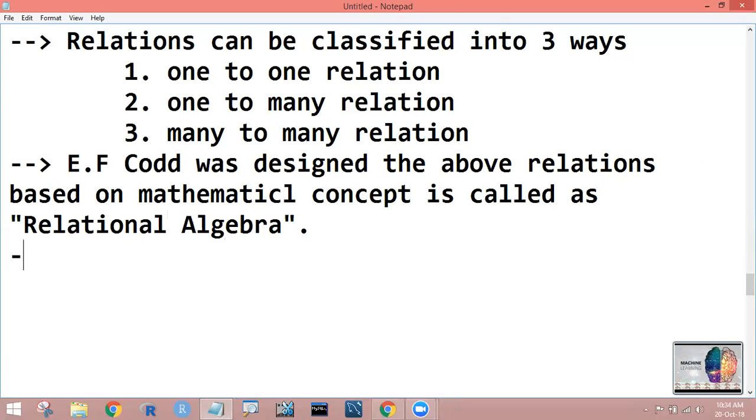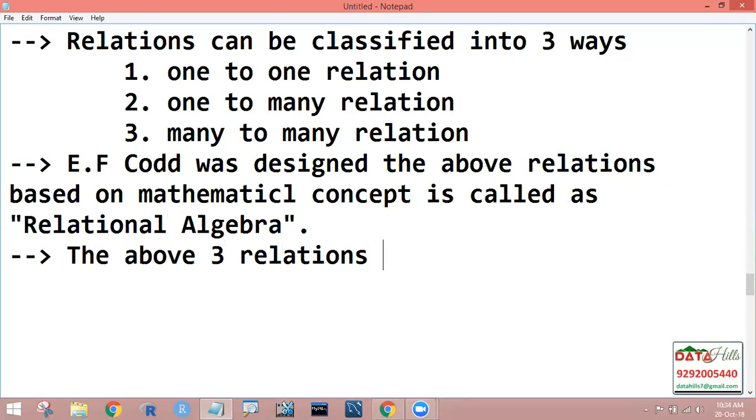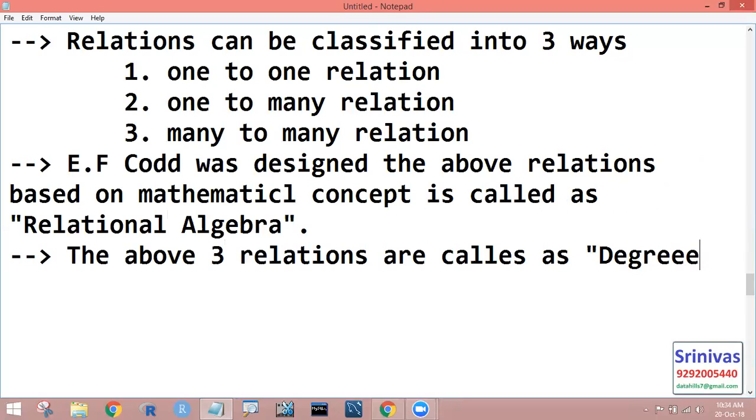These three relations are also called the degree of relationship.